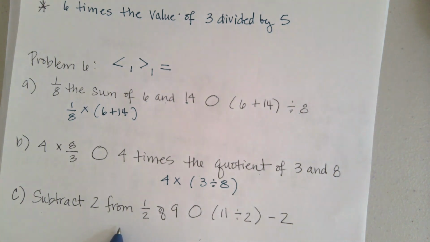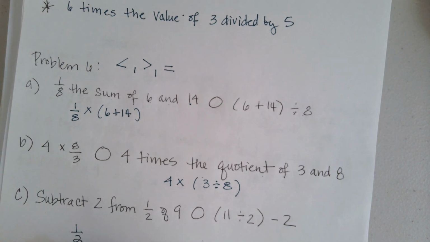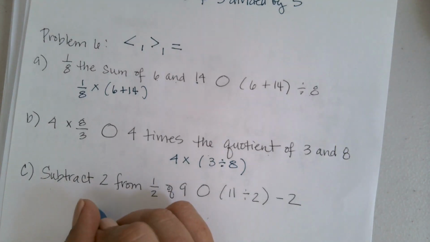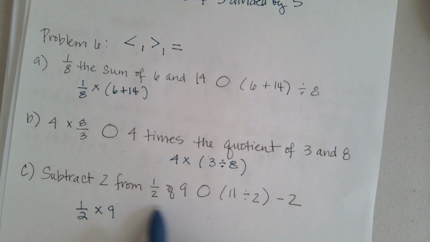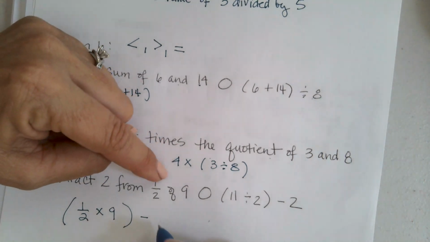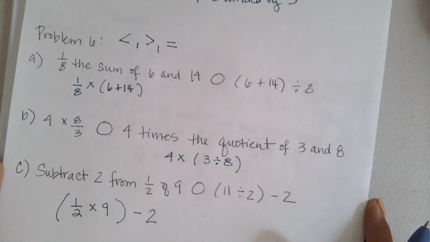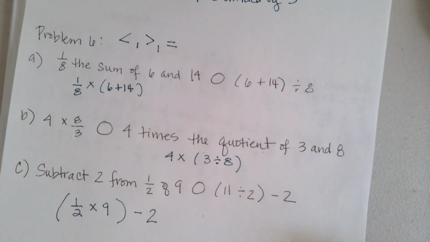Okay, then subtract 2 from 1/2 of 9. So 1/2 times 9. This is exactly what we've been doing, right? 1/2 of 9, 1/2 times 9. So I'm going to subtract 2 from this, right? All right, so now I've helped you set up your expressions.